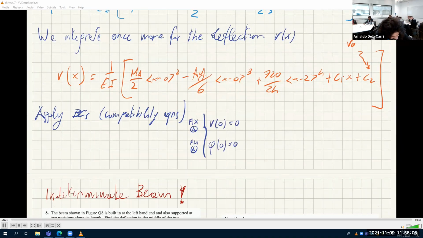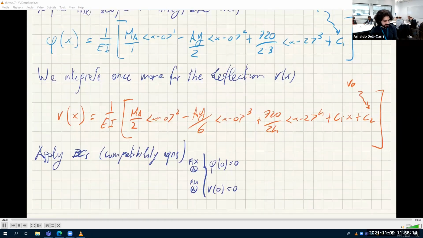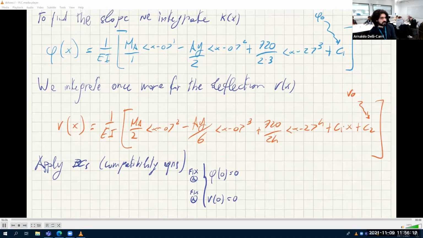Let's do them in the other way around, which is easier, and I'll show you why. So for phi of 0 equals 0, what is phi of x? Phi of x is this beast. But let's say that we want phi of 0. So this is MA times 0 minus 0, so this goes away. AY times 0 minus 0, this goes away. 720 divided by 6 times 0 minus 2 to the power of 3, but this is a singularity function.